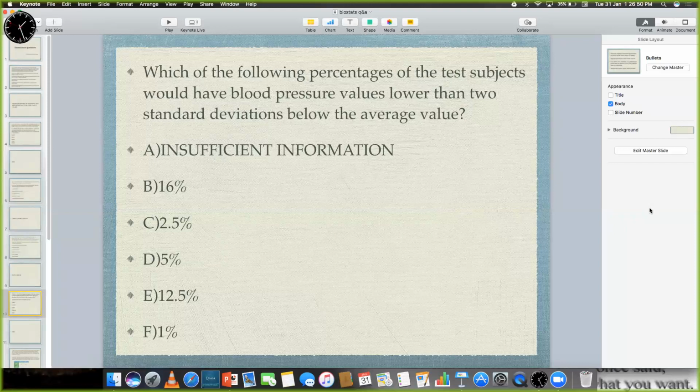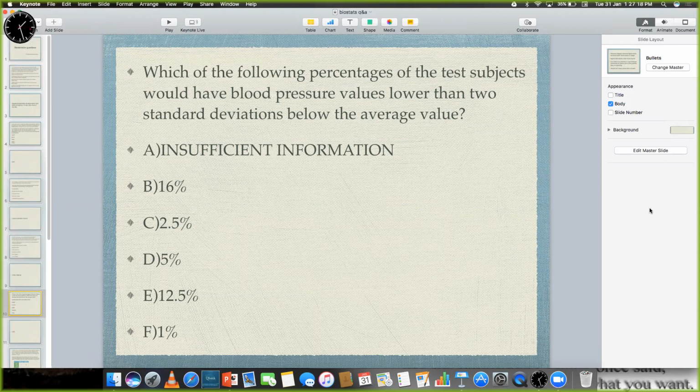He's talking about blood pressure values lower than 2 standard deviations below the average value. This is the average value. Now, what he's asking is blood pressure values lower than 2 standard deviations. 2 standard deviations is what?